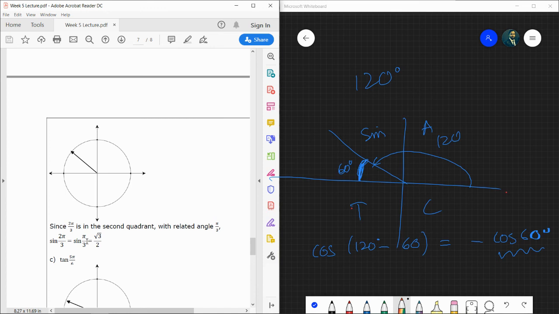And then we can simply put minus in front of cos. So that way it should be a negative value for cos. But if we wanted to find sine, sine should still be positive. So if we say sine of 180 minus 60, that should still give you sine 60, which is positive.